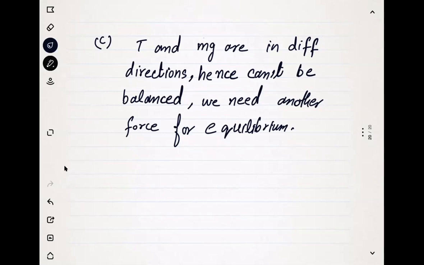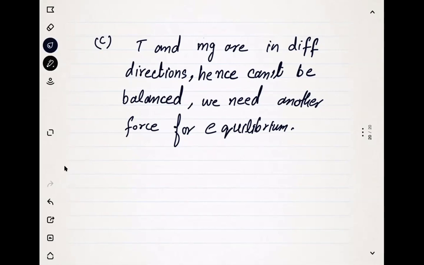Because the already existing forces cannot give an answer of 0 newton, as they are in different directions. T and mg are two forces in different directions and can never cancel each other out.